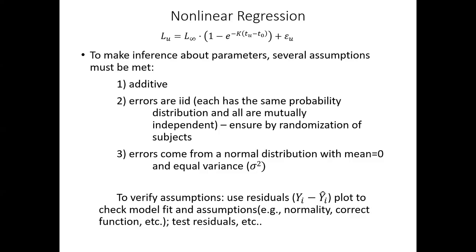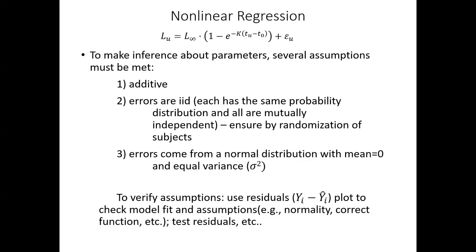Those errors are assumed to be IID, which is independent and identically distributed, which means that there's no correlation in the errors, and also that each has the same probability distribution, and all the errors come from a normal distribution, which has a mean of 0 and some variance, which is equal across the errors.